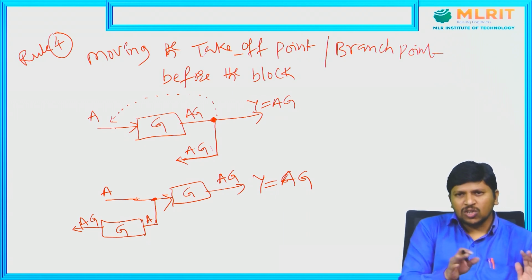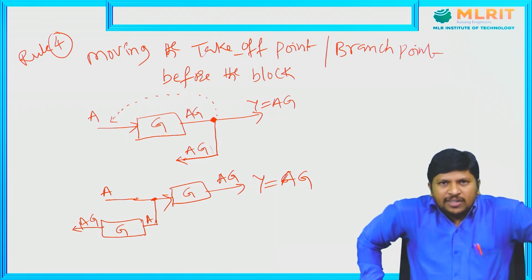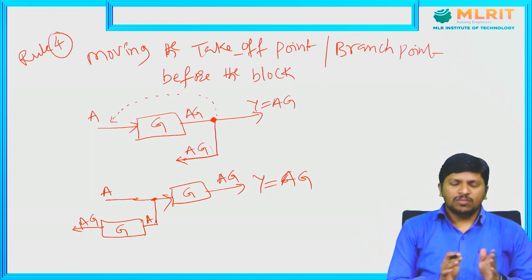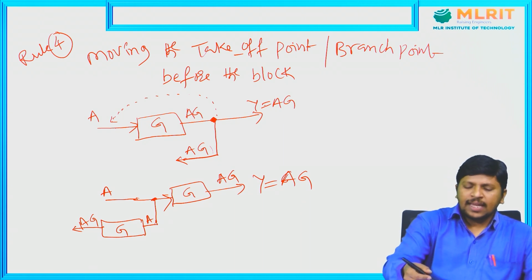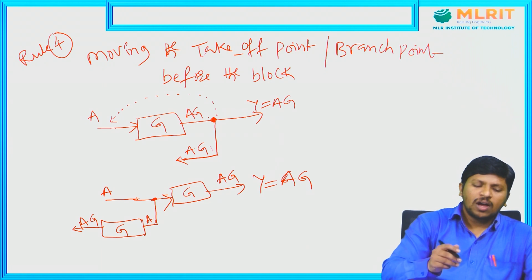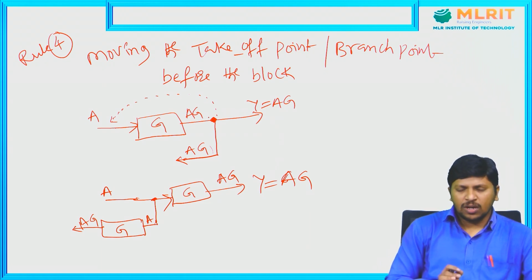Okay, now just opposite, moving the take up point after the block and before the block are just opposite operations, right? Opposite operation, but they give the same output. So this rule is also applicable. These are the 4 rules.